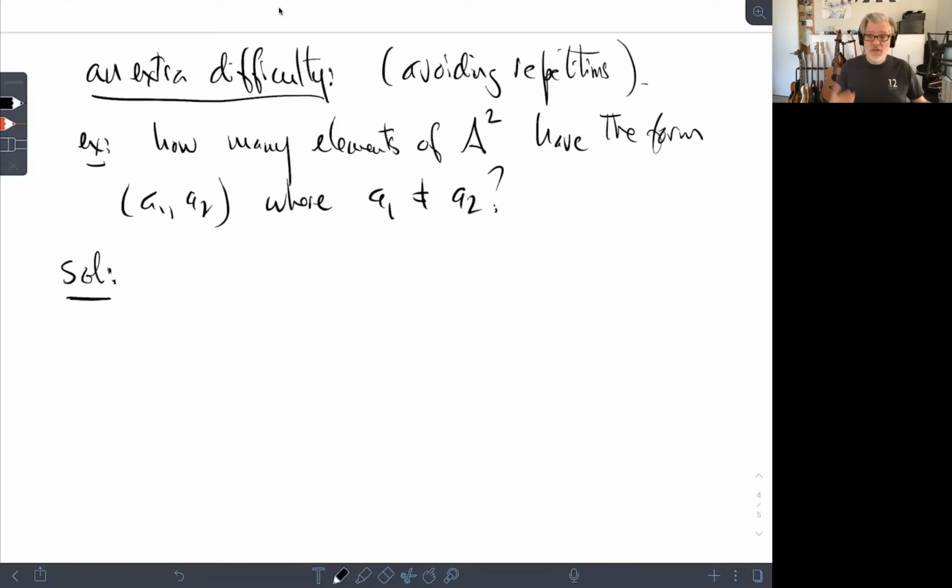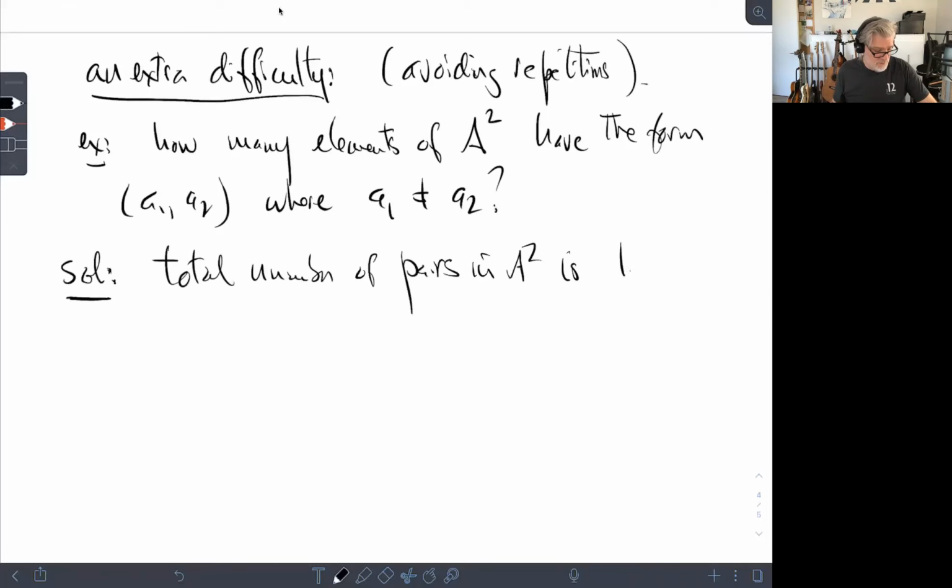Here's a solution. So we know that the total number of pairs in A squared is the cardinality of A squared, right? So the product rule tells me that, but now I'm counting some stuff that I don't want to count.